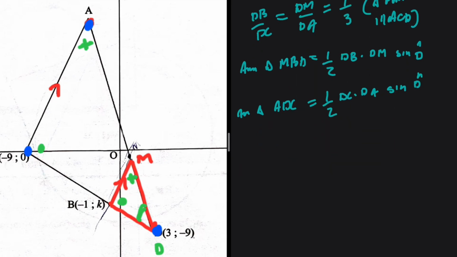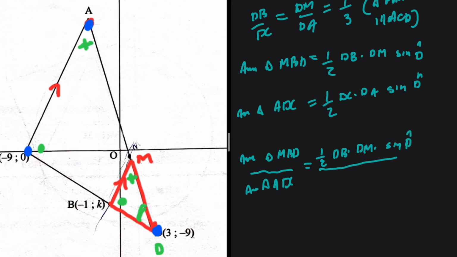So now we can proceed to the ratio and say that the area of triangle MBD over the area of triangle ADC is equal to half DB DM sine of angle D, everything divided by half DC DA sine of angle D, right?